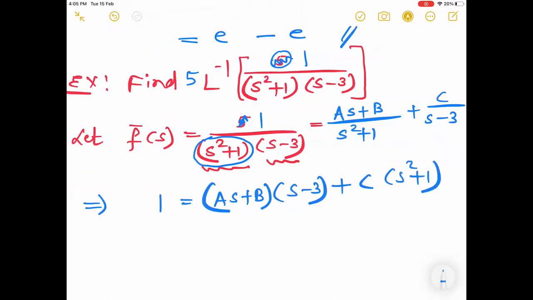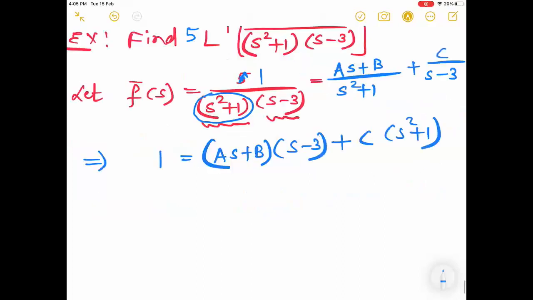Are you getting the numerator of the right hand side? Yes, ma'am. Then find out A, B, C. First, put s equal to 3 and get the answer for C. What will be the C value? 1 by 10. Yes. Now for the other two values, you can put any least values of s so that the calculation is a little easy.